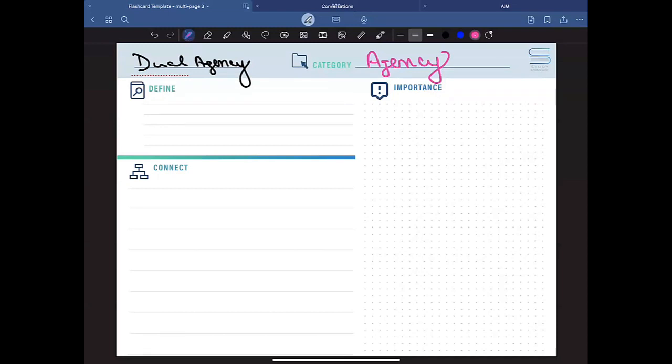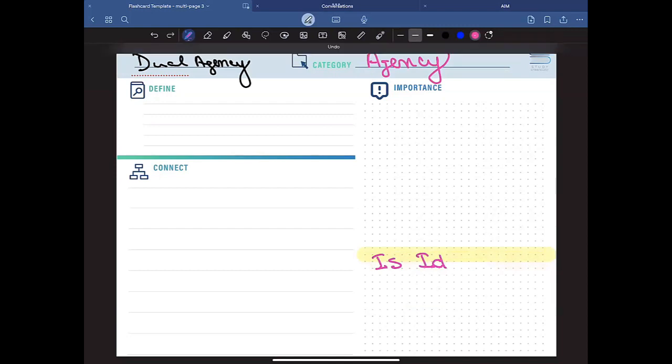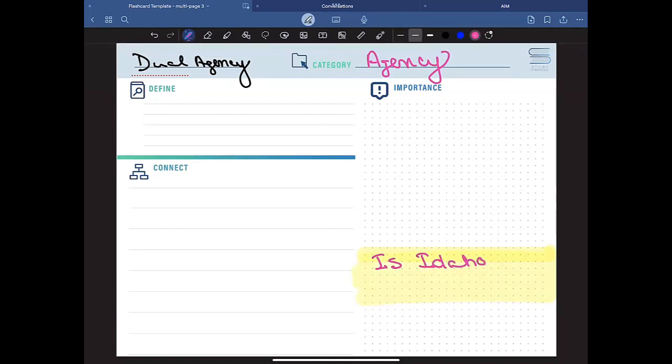So that's what you can do, and this is why I give you so much space on this other side. You say, is Idaho dual agency?